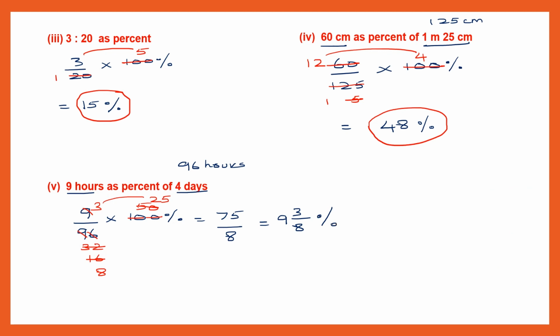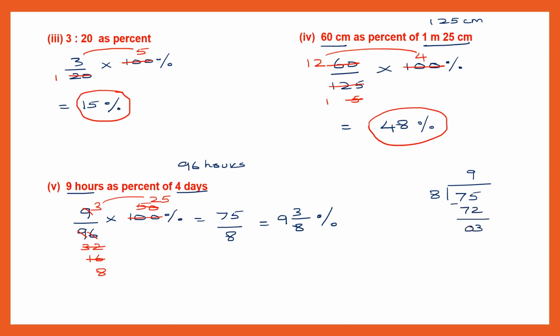Now 9 and 3 by 8 can be written as a decimal number. For that, let's go back, because we have to convert this. When you convert, you get 75 by 8. So let's divide 75 by 8. 8 nines are 72, 75 minus 72 is 3.